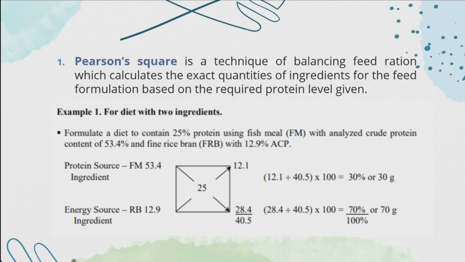To calculate this, first place the grains and their respective crude protein content on the left-hand corners of the square. Then calculate the difference between the middle value and the values at the bottom and top left-hand corners of the square, and place the result diagonally opposite, where top left minus middle equals the bottom right, and the bottom left minus middle is the top right.